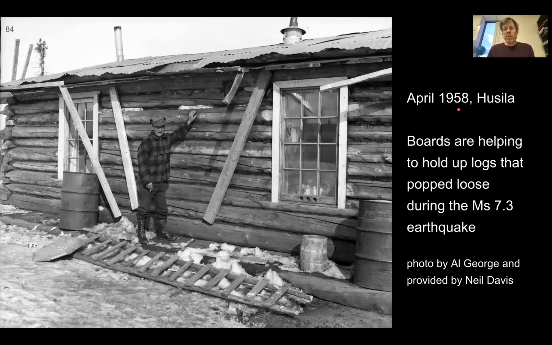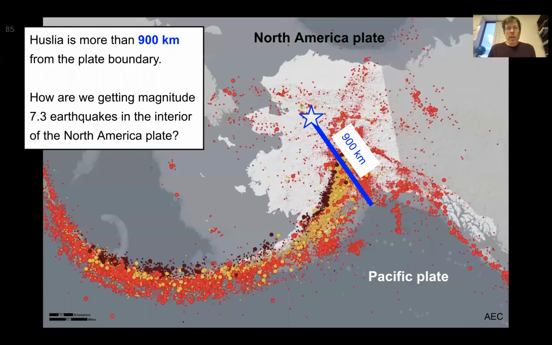Here's a shot from 1958 in Huslia. These are some boards holding up that popped loose during this 7.3 earthquake, just showing the kind of structures that would be common then and even today in remote areas of Alaska. One of the points about Huslia is that it's very far from the plate boundary.